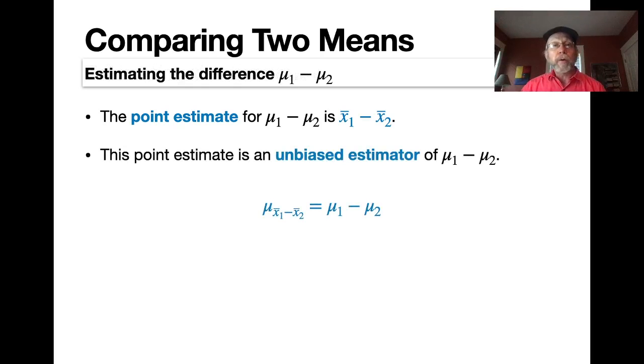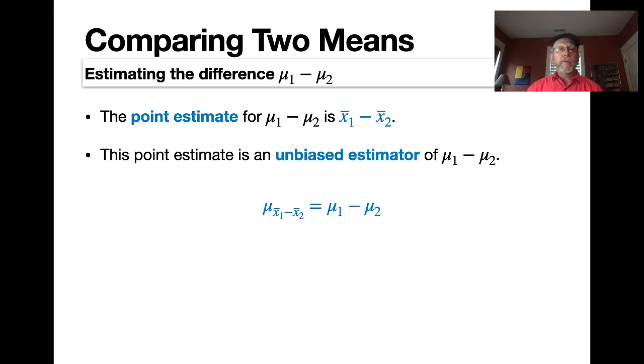Just as before, this point estimate, x1 bar minus x2 bar, is an unbiased estimator of the difference between the population means. That is, the average value of the difference of sample means is equal to the difference between the population means.